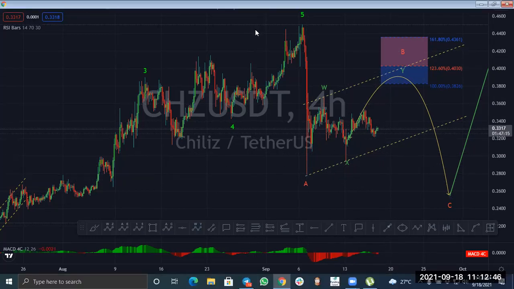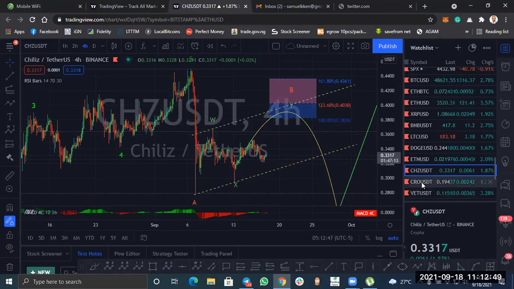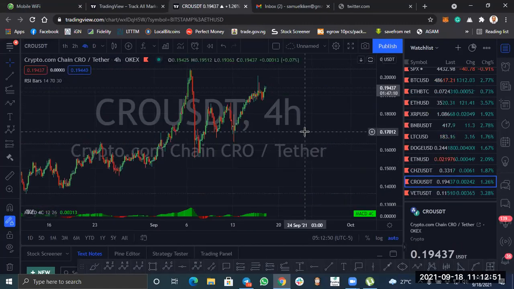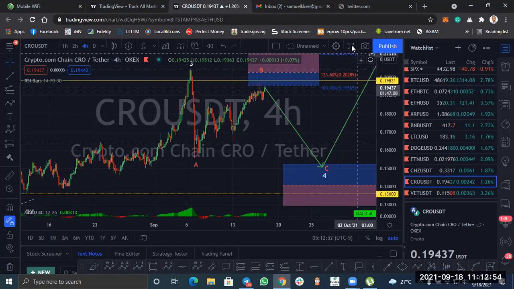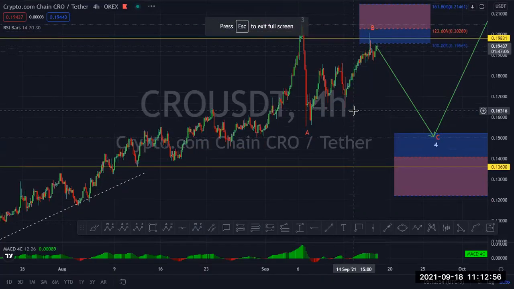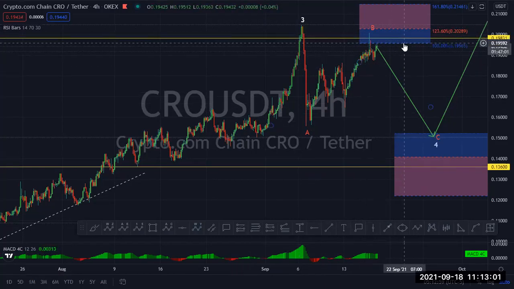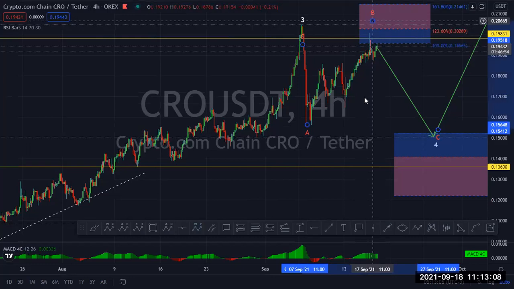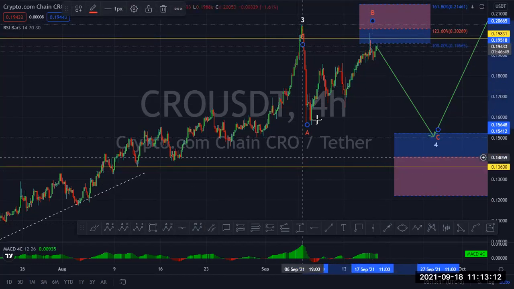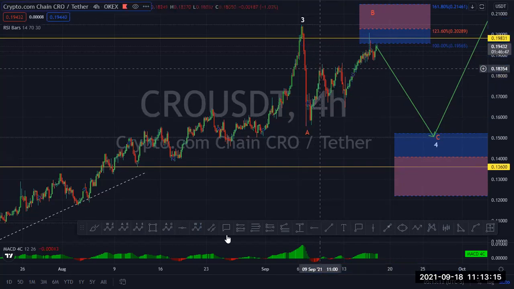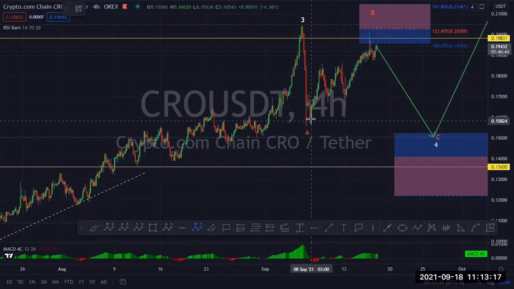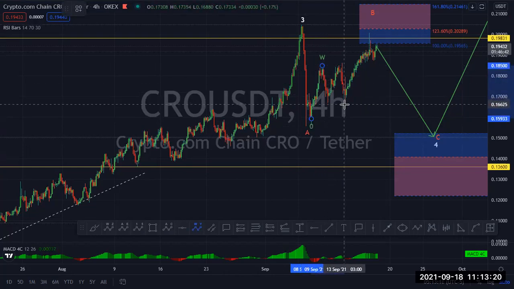Okay, so we move. The next is CRO. CRO is yet to complete the 5 waves move, and now this wave B is complete. So let me label it, WX.